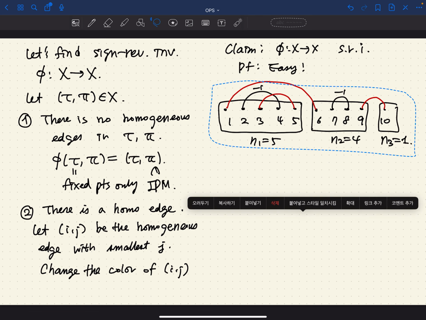A cycle is homogeneous if all elements are in the same set Js for some s. And as you know, s is a segment of the set 1 up to n, right?